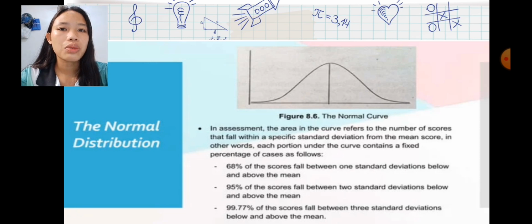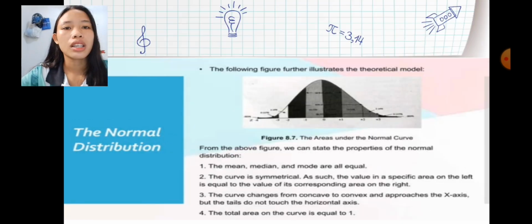First, 68% of the scores fall between one standard deviation below and above the mean, and 95% of the scores fall between two standard deviations below and above the mean. And the last one, 99.7% of the scores fall between three standard deviations below and above the mean.